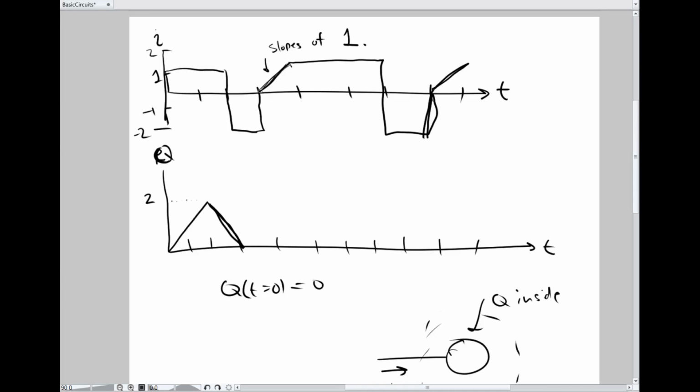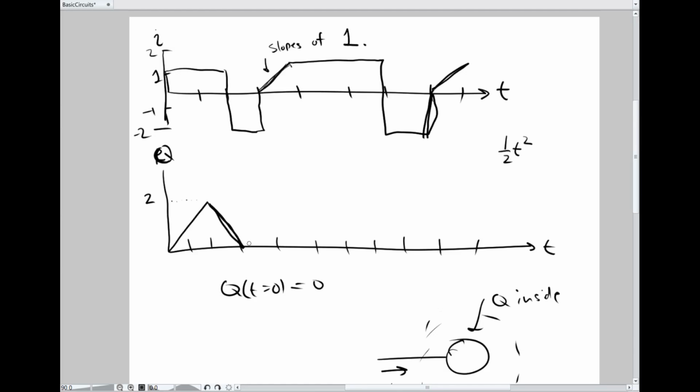Then you have this slope, right? Well, we know that the integral of a line is a parabola. We also know that because the slope is 1, the leading term of this quadratic equation will be 1/2 t squared, so that turns into a slope of 1.